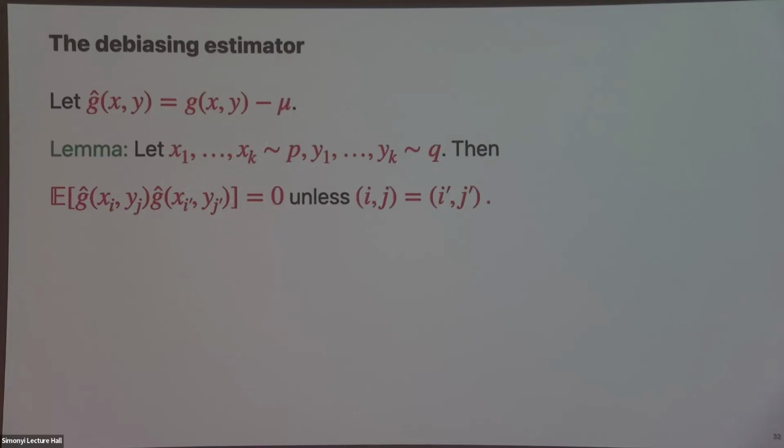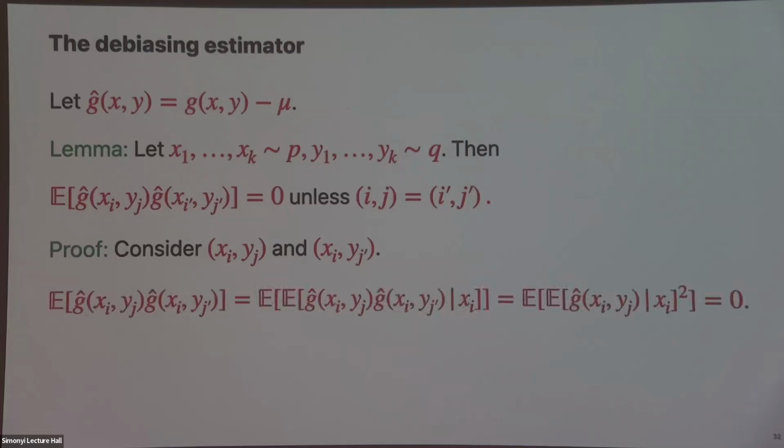So this is basically saying that, look, if ij is equal to i prime j prime, this is just g squared, right? So it should not be 0. But any other time, it's 0, including in the crucial case when it's the same row coordinate xi and only different coordinates j and j prime. Okay. And really, this is all just detail. The picture is the thing that you should take away from here.